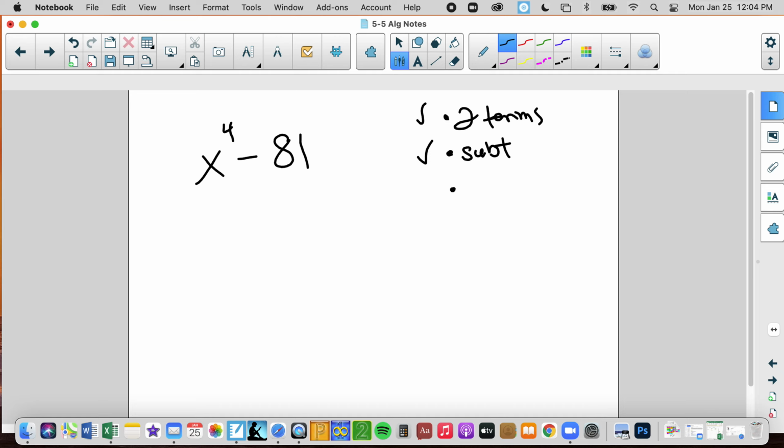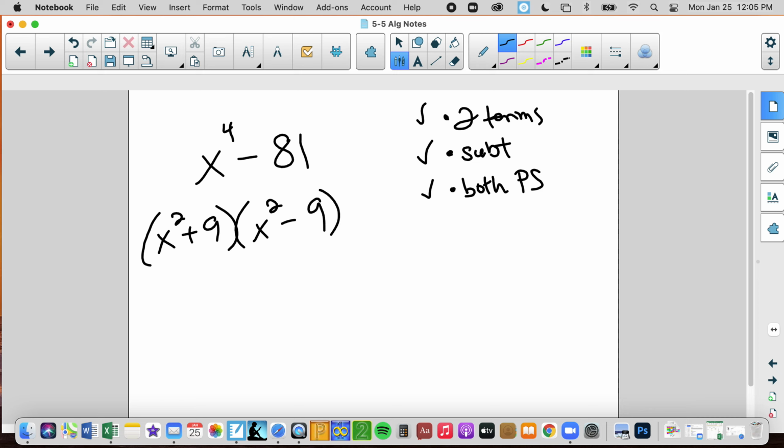Yes. Are both perfect squares? Yes. So let's factor that. Most students would stop here. That's the correct next step. This is what that next line should read.